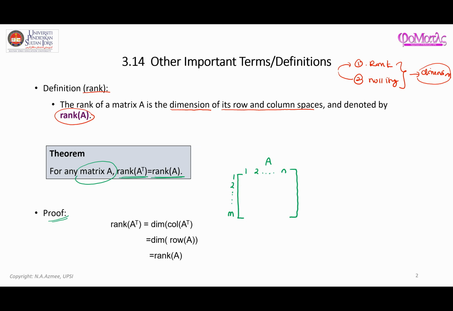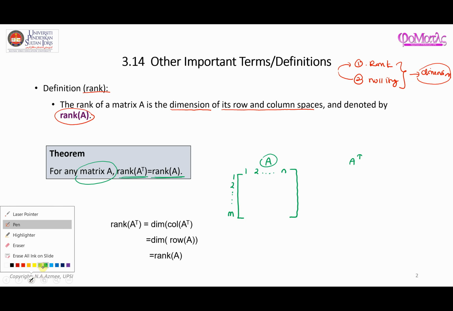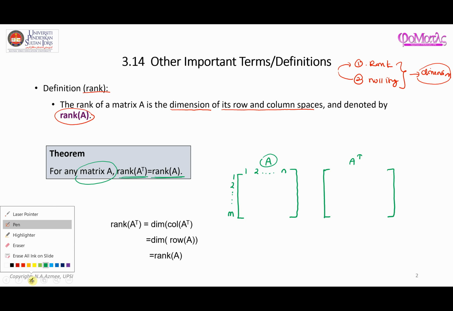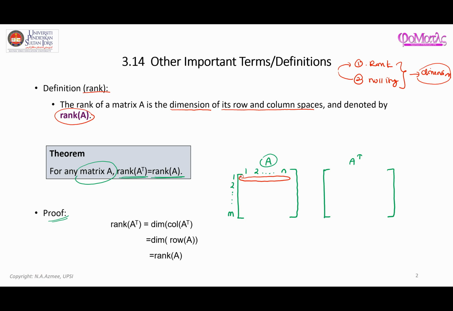So here is matrix A, and we have A transpose. If I were to construct this matrix, we can easily consider that the first row here will be the first column. So therefore, you will have 1 up to nth row.